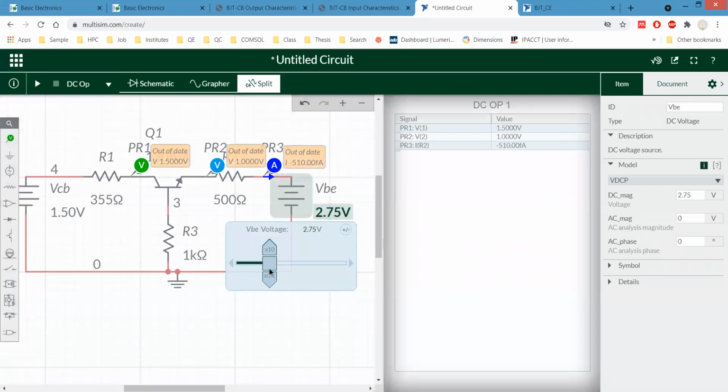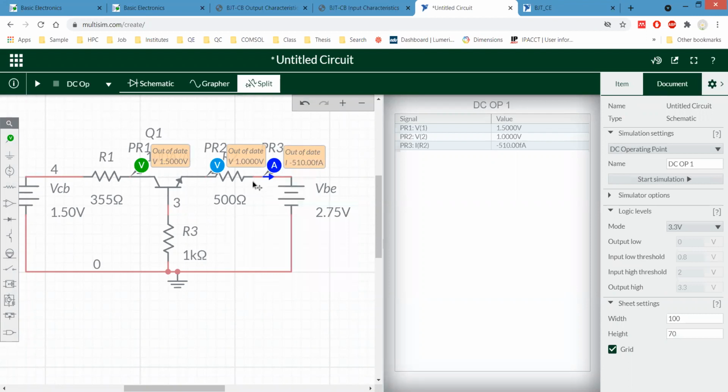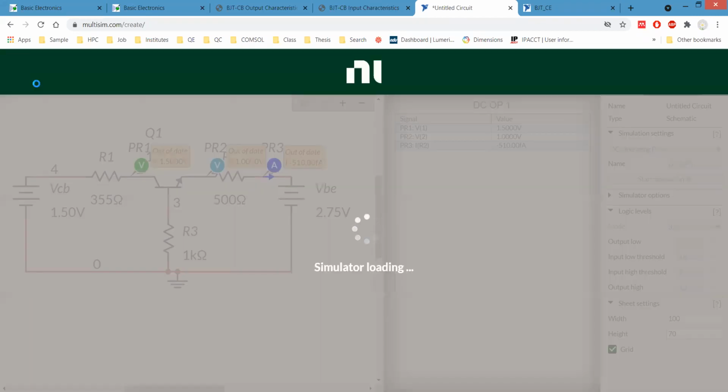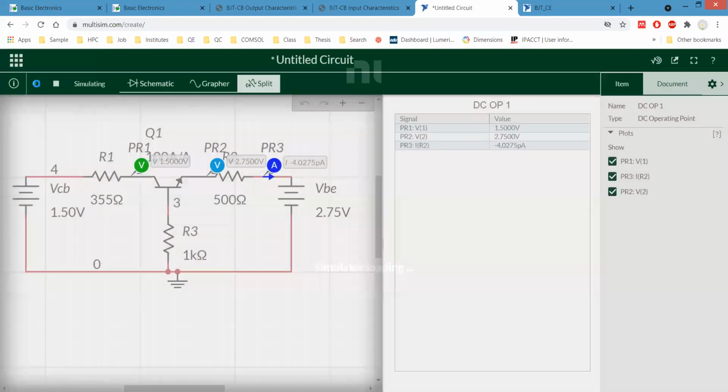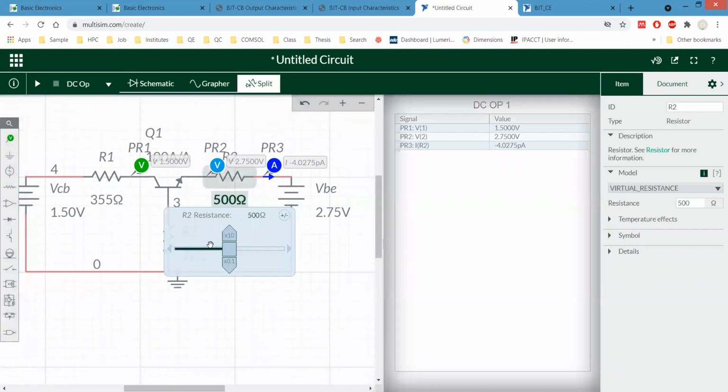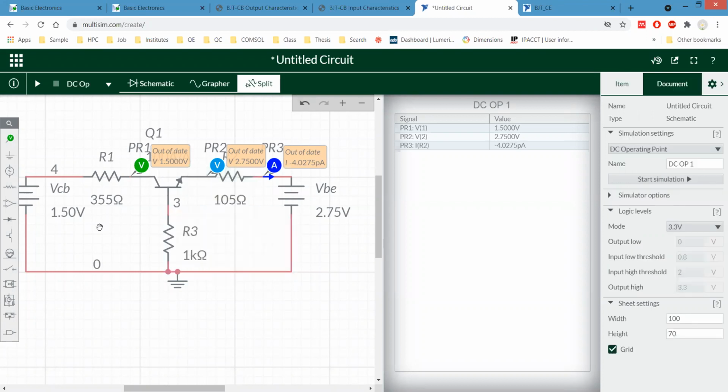Let me check once. Still the current is in picoampere. I think we can reduce the value, and also these things too.